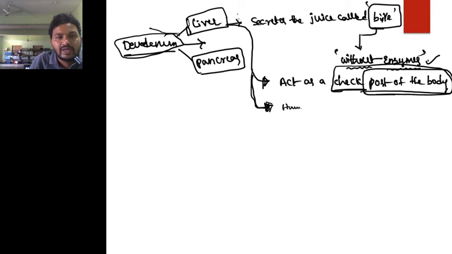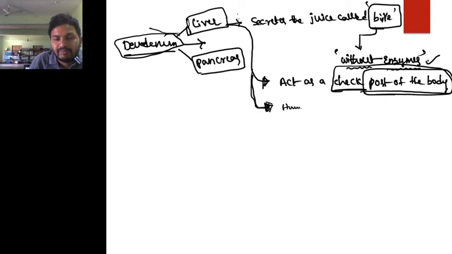The liver secretes the bile juice. The bile is called without enzymes. The bile juice acts on fats. The fats are converted into small globules.